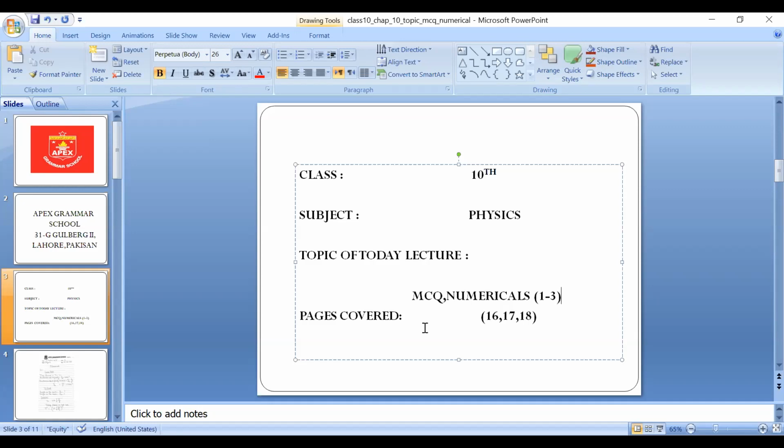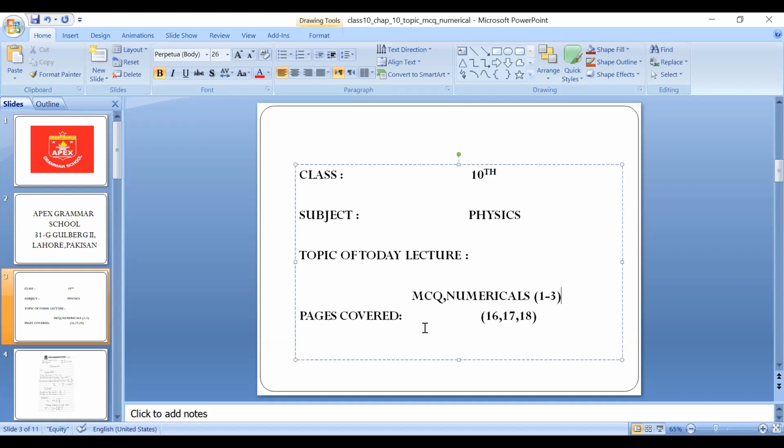The eighth MCQ is: which of the following characteristics of a wave is independent of the others? A, speed; B, frequency; C, amplitude; and D, wavelength. So C, which is amplitude, is the right choice for MCQ 8.